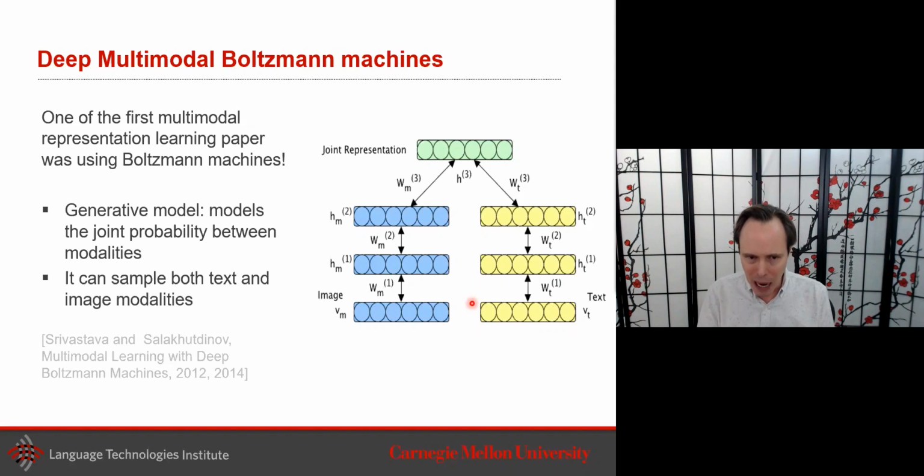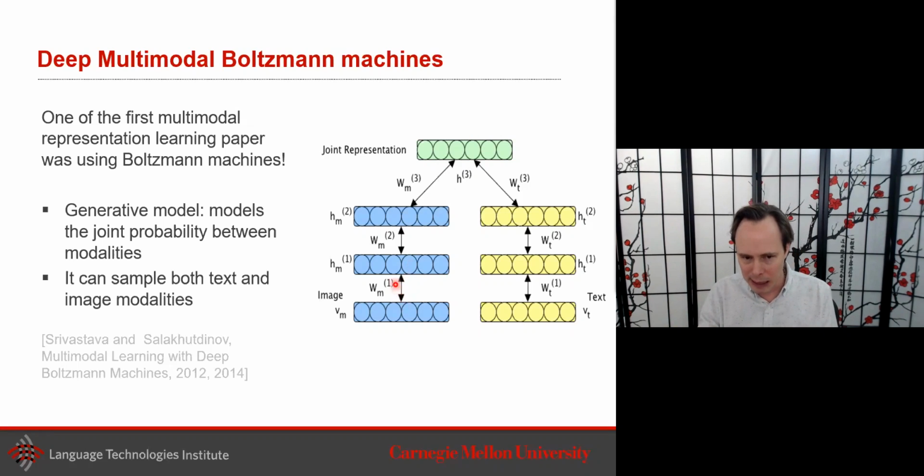Before going into the math of this model, I just want to remind you that one of the advantages of the Boltzmann machine is that once you learn it from a generative model perspective, then if I have a joint representation, I can decide to go either way. I can go back to text, or I can go back to images. I can go any way I want, every link.